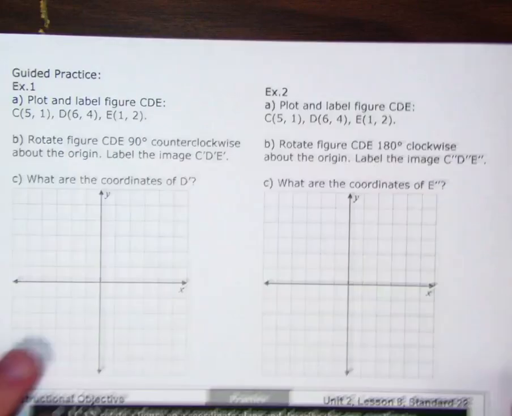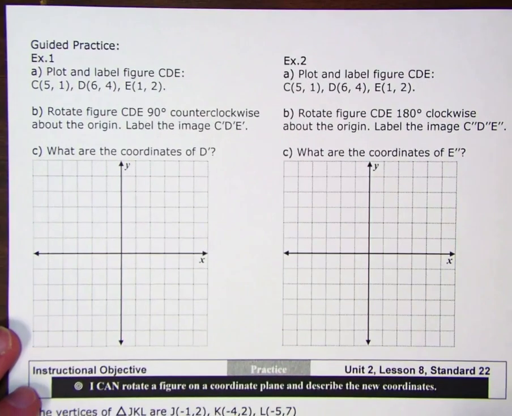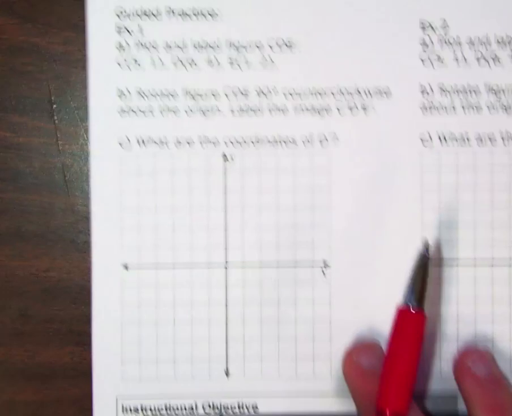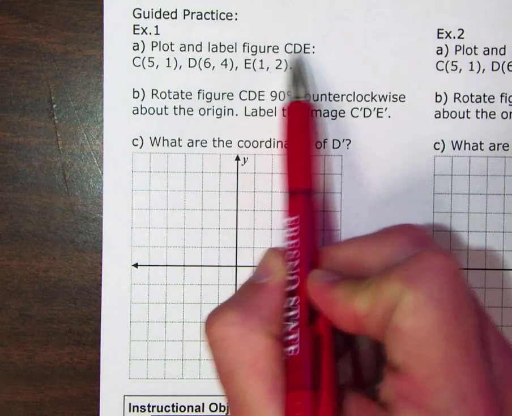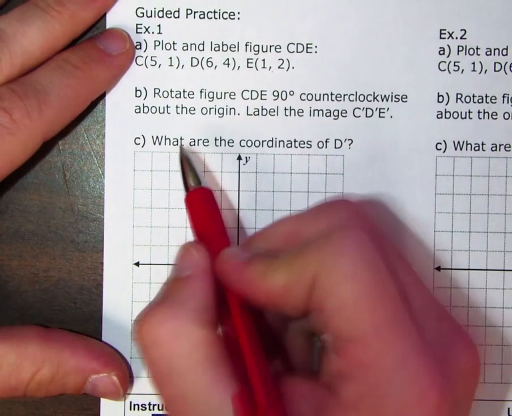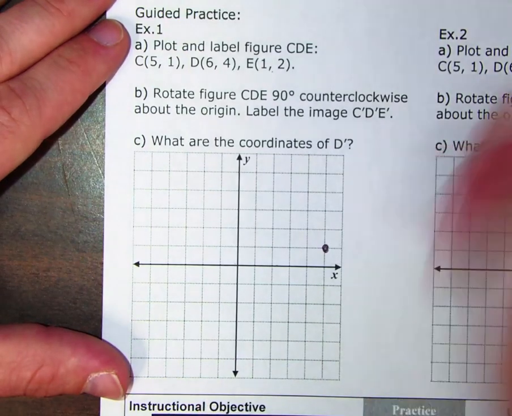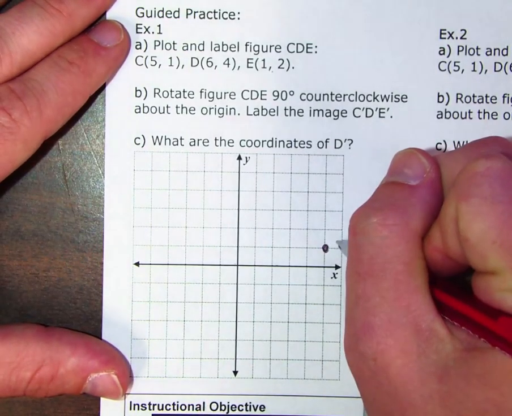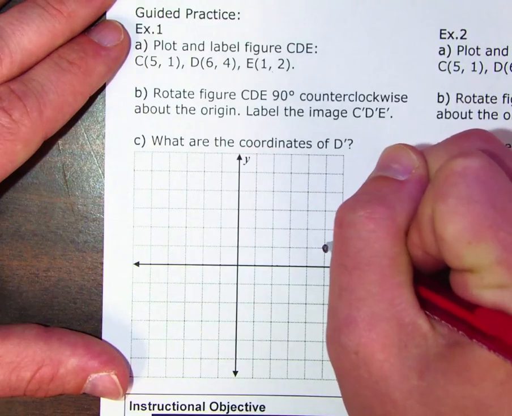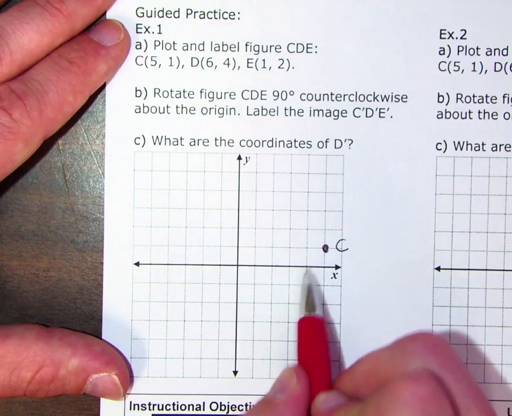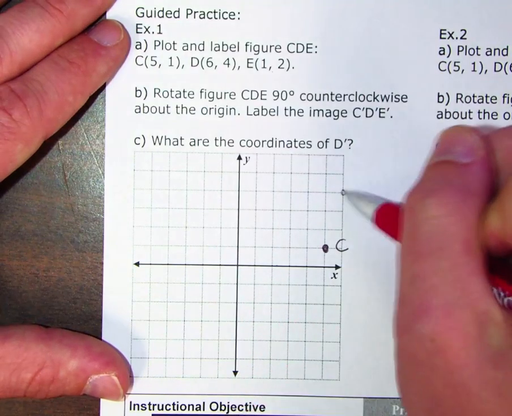This one tends to be the most confusing, so let's go slow on this. Let's first plot these points for C, D, E. C is at 5, 1. 1, 2, 3, 4, 5, 1. Okay, that is C. D is at 6, 4. 1, 2, 3, 4, 5, 6, 1, 2, 3, 4.